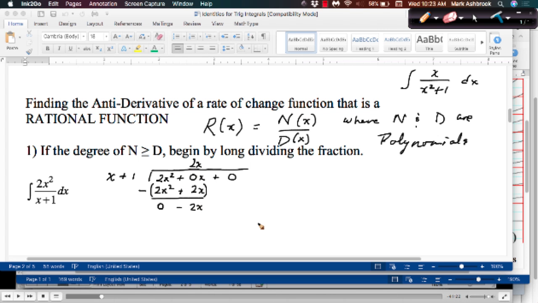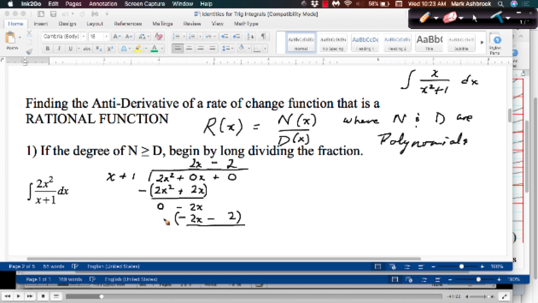Okay, so now I ask, what do I multiply x by to get minus 2x? Negative 2. So I'm going to go minus 2. And so we get minus 2 times x is minus 2x minus 2. And I'm going to subtract, right?